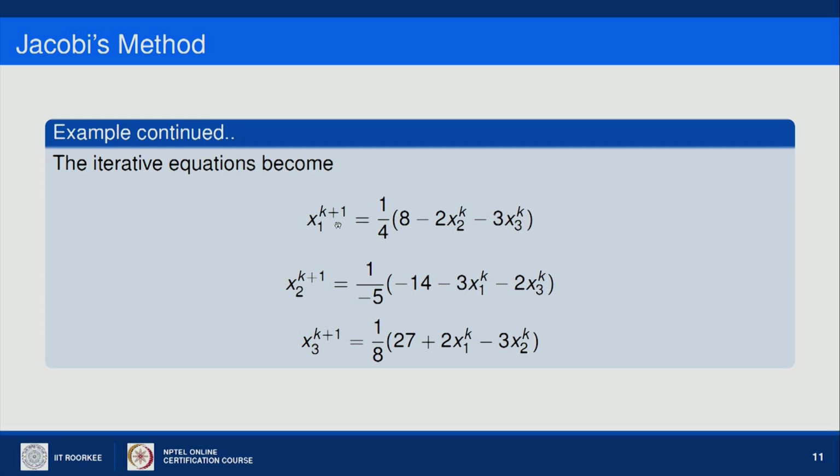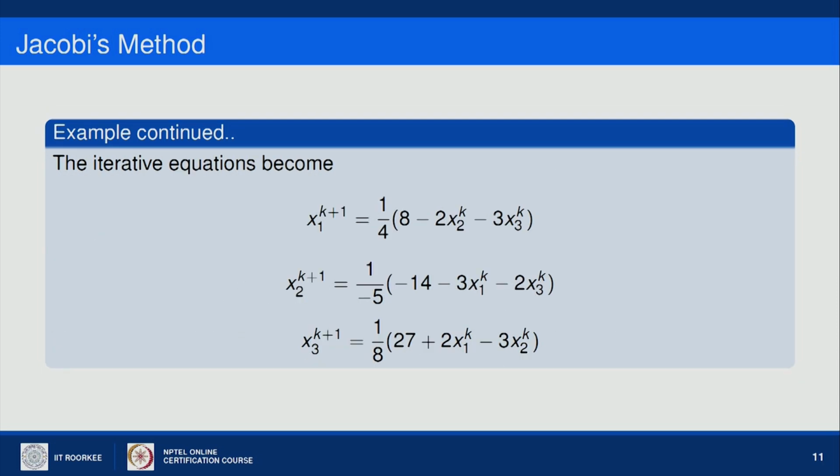The iterative equations can be written in this way: x1^(k+1) will be 1 upon 4 into 8 minus 2 x2^k minus 3 x3^k, x2^(k+1) equals minus 1 upon 5 into minus 14 minus 3 x1^k minus 2 x3^k. And similarly, from the third equation I can write the iterative equation for x3, that is x3^(k+1) equals 1 upon 8 into 27 plus 2 x1^k minus 3 x2^k.